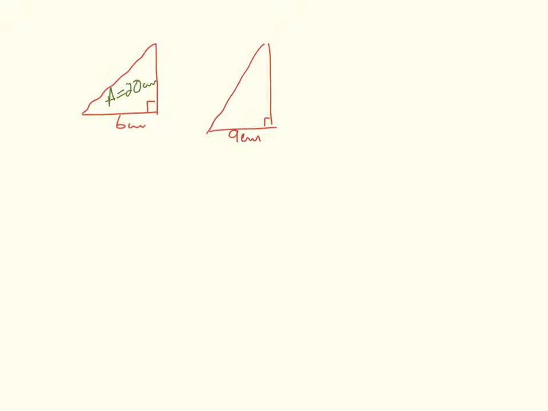We might want to then find out what the area of the bigger triangle would be. Let's look at the scale factor first. The scale factor would be the big triangle, 9, divided by the smaller triangle, 6. We can simplify that down into 3/2. So basically what we're saying is that the bigger triangle is 1.5 times the size of the smaller triangle.